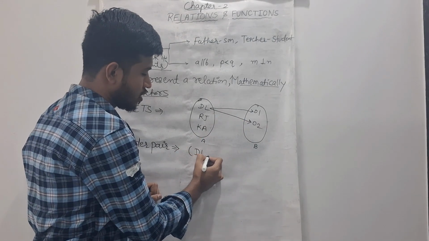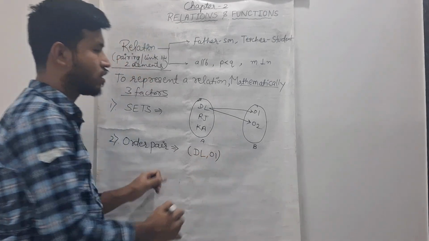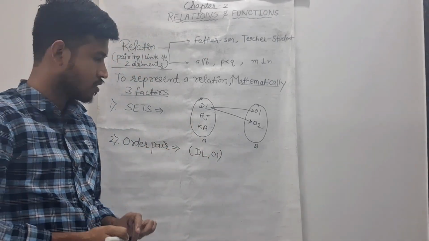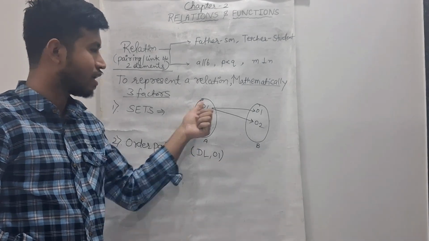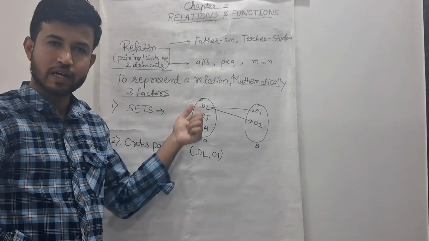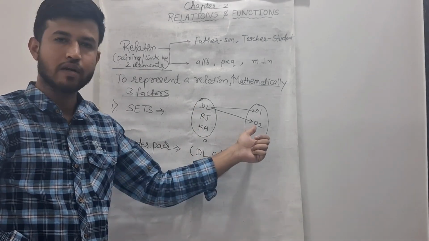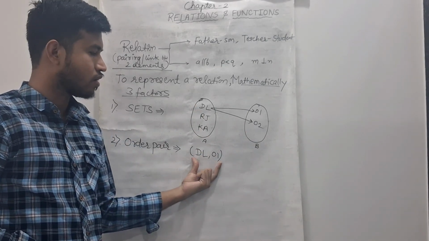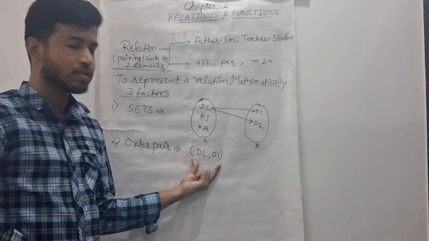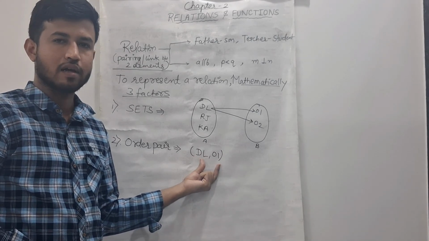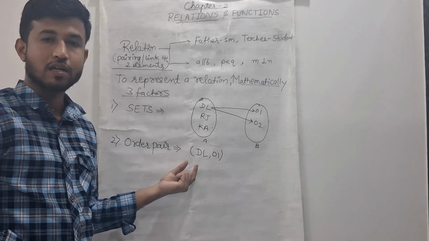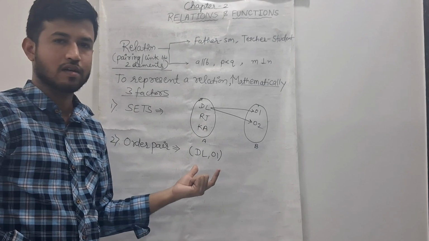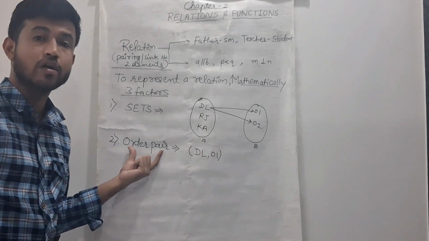I can say DL01 is written like this: DL, the first element is from set A and the second element is from set B. So here it is written in open brackets with two elements. It is a representation of relation and it is called an ordered pair.